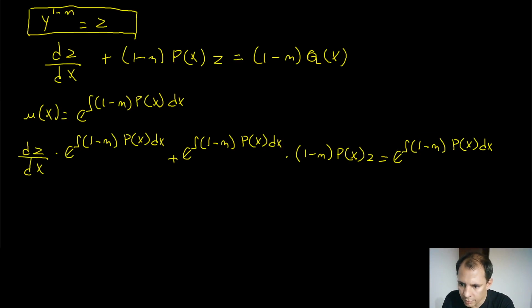It's this stuff times, I'm going to put it down here, 1 minus n q, well, hold on, q of x. Okay, so you've got to understand that this is multiplying into this.